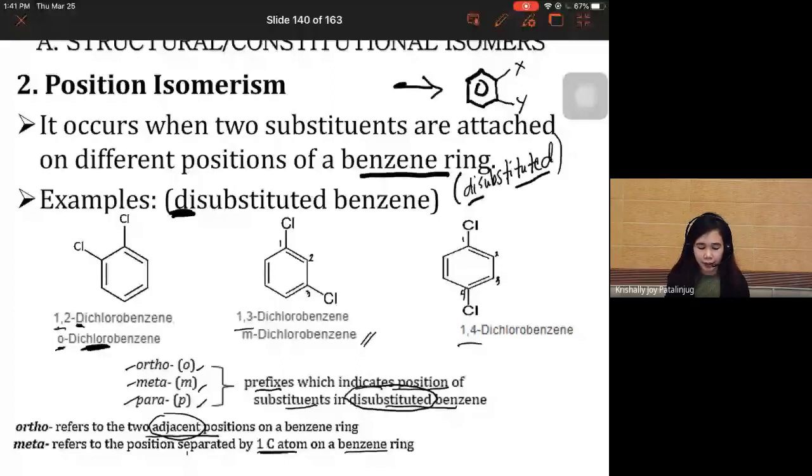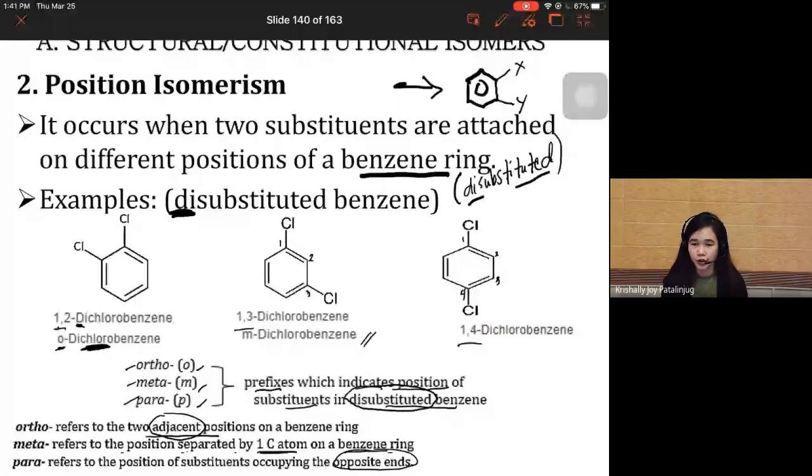Then para. The para position refers to substituents occupying opposite ends of the ring, opposite each other. When the two substituents are attached at opposite positions on a benzene ring, that is when you use the para prefix. So, p-dichlorobenzene.